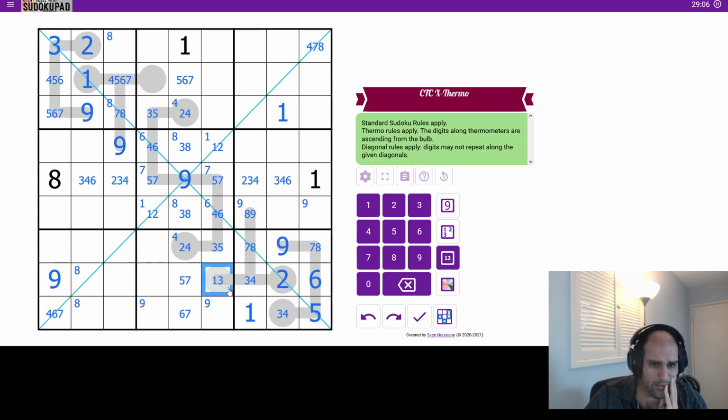Something bad happen if this is 1? I don't see how this being 1 affects anything. One in this row is in one of these 2 spots.